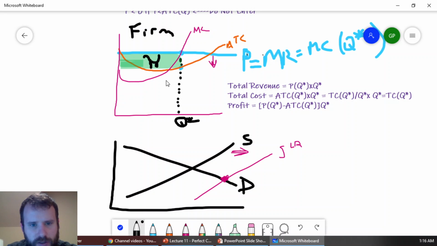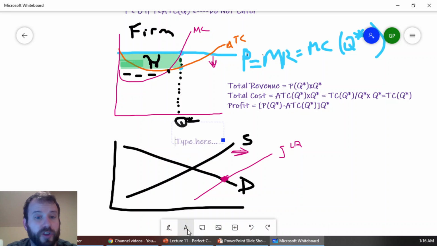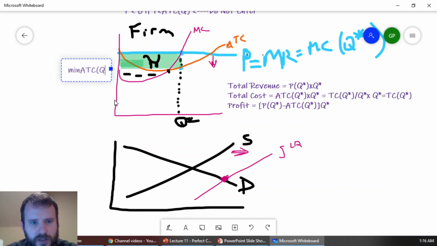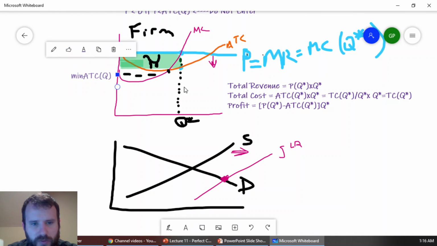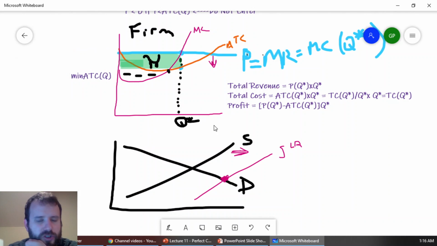And this point here, which I want to distinguish from the highlighted point, is going to be your minimum average total cost, because it's where the marginal cost hits the average total cost, min ATC of Q. That's going to be your new long run price.